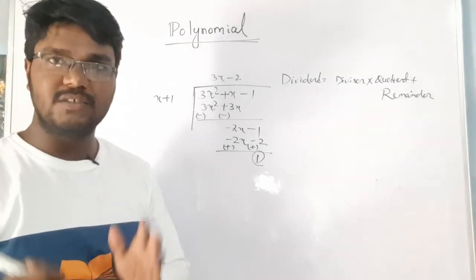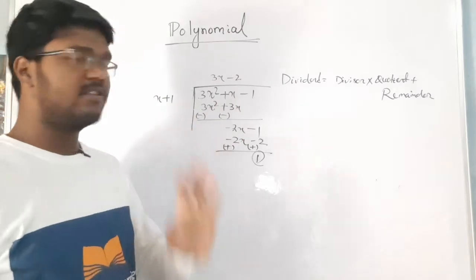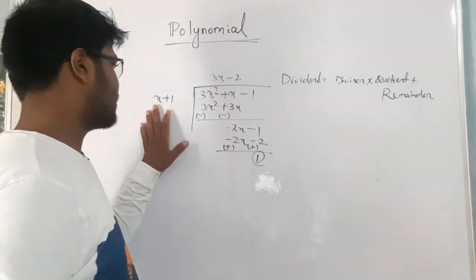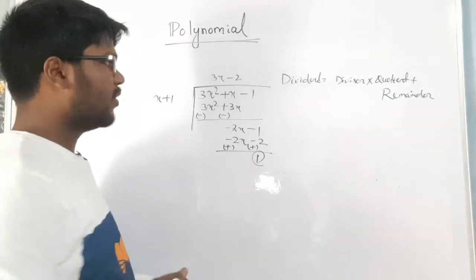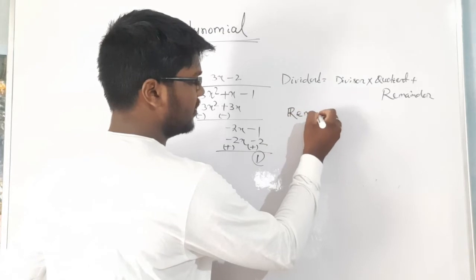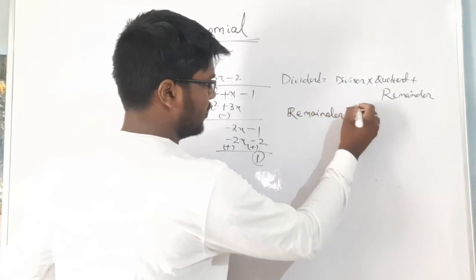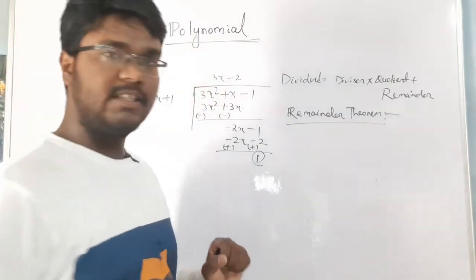sometimes questions ask, if the polynomial 3x square plus x minus 1 is divided with x plus 1, then what will be its remainder? So from this there is a remainder theorem. Here is the remainder theorem. Then what is the remainder theorem?